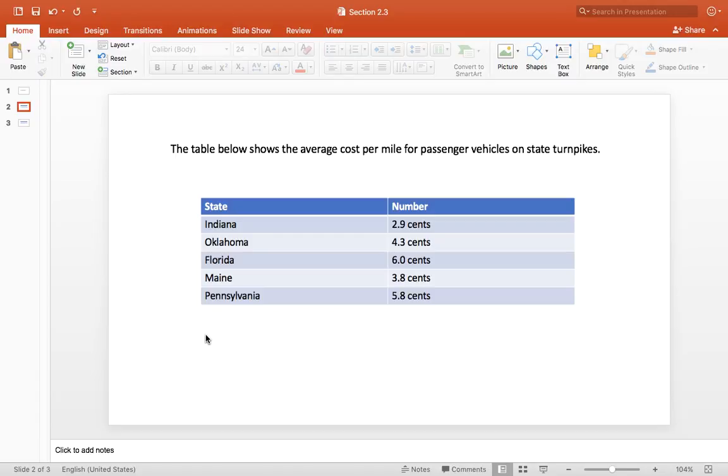Instead of it going just 2.9 cents to 4.3, 6.0, etc., it should go from greatest to least. So Florida should be first in our table because they have the most cents per passenger, then Pennsylvania, then Oklahoma, then Maine, then Indiana. So the first thing you want to do is rearrange your table based on frequency from greatest to lowest, or in this case, from the most cents to the least cents for how much it costs per passenger.